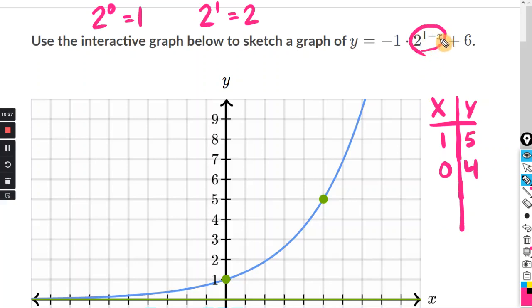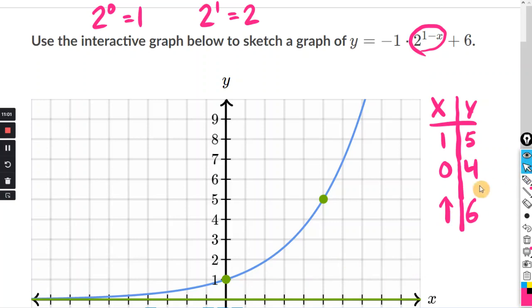So as x increases, the exponent increases in the negative direction, and this approaches 0. Negative 1 times 0 is 0, and 0 plus 6 is 6. So as the graph goes this way, the highest it should be is 6.